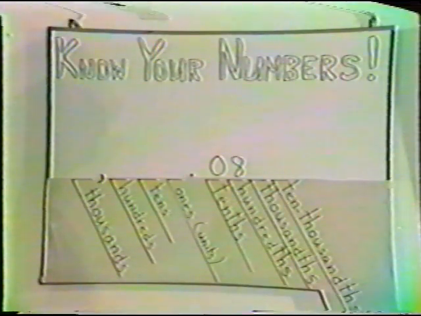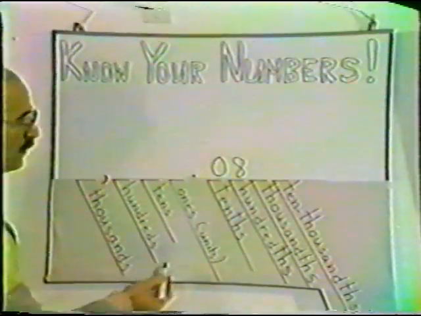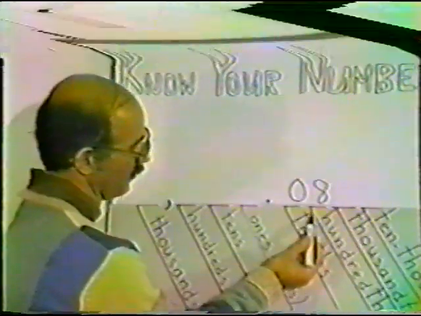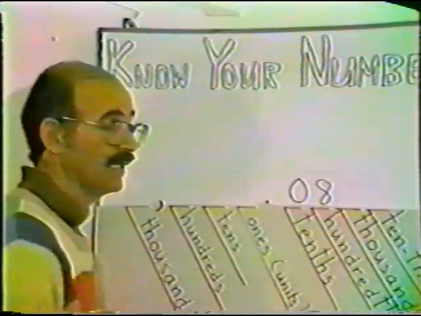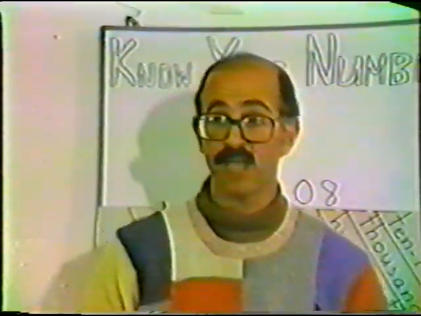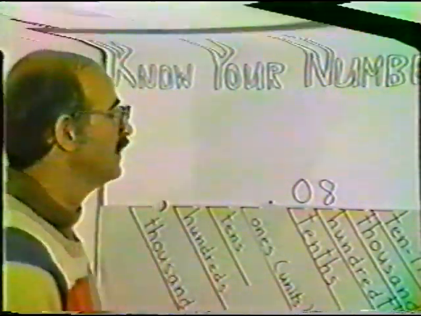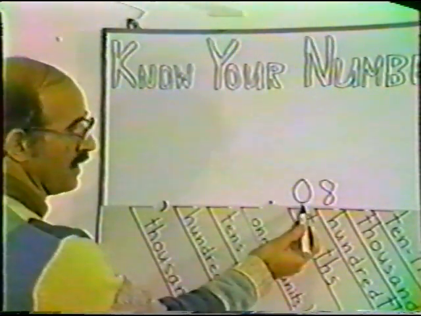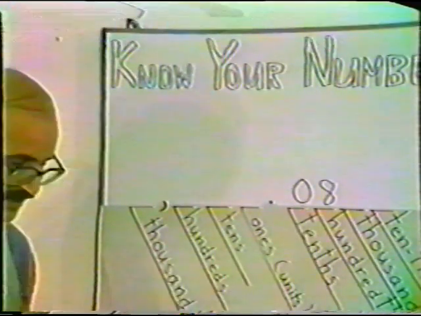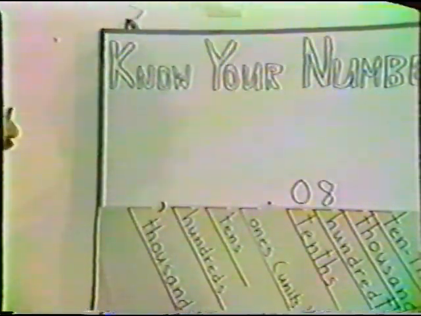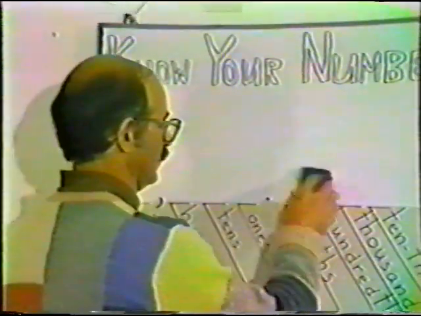What's that number? 8 hundredths. First we read the 8, then we read the hundredths. Because that 8 is not in the tenths place, it's in the hundredths place, and we had to fill the empty space with a 0. 8 hundredths.